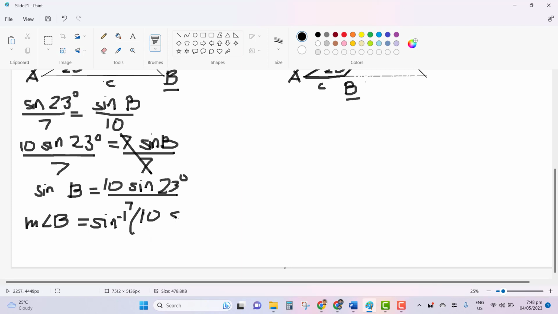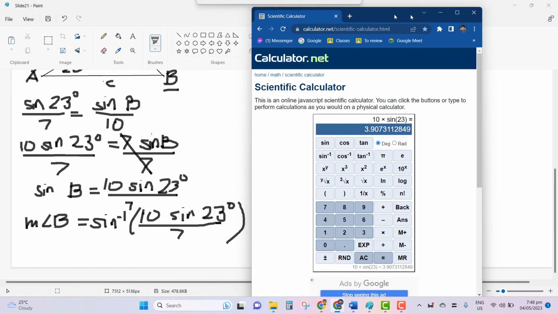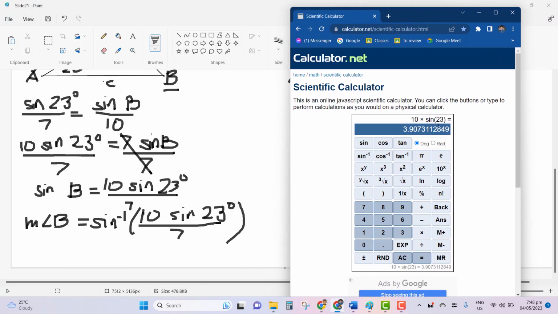So 10 sine of 23 degrees all over 7. Let's input this in your calculator. This was the numerator earlier. Let's try to input this again: parenthesis 10 sine 23, to be divided by 7. Push equal sign to get the result.